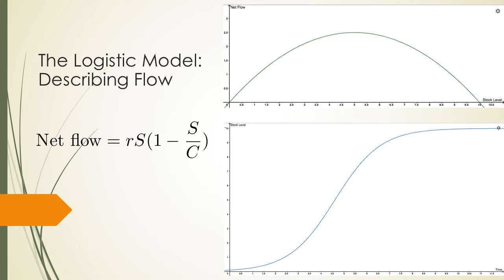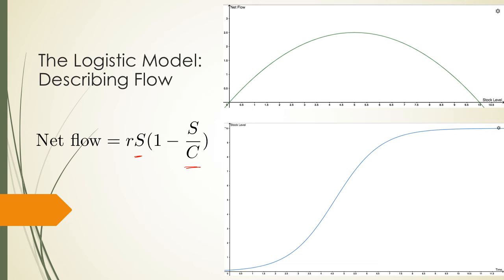Here are graphical representations of the logistic model. The top graph shows how the net flow depends on the stock level. The bottom graph shows, for a particular initial stock level S0, how the stock level changes over time. Looking at the formula for net flow, notice that it's 0 when S is 0 or when S is equal to C. That is, when the stock is 0 or at the carrying capacity, the net flow is 0.